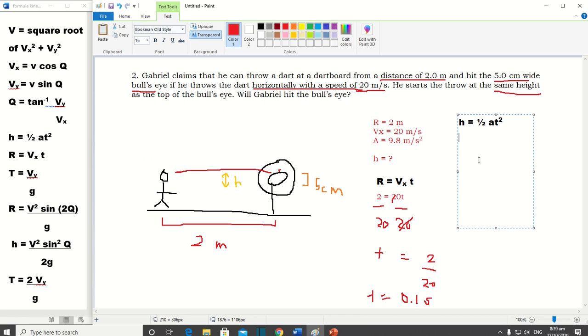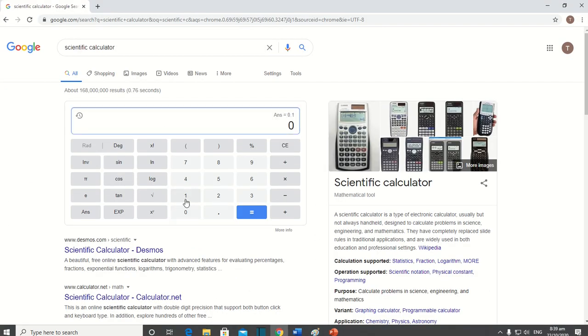So substitute lang tayo. H is equal to 1/2 times acceleration due to gravity, which is 9.8, then sa ating time na 0.1 second raised to 2. So ngayon, input na natin to sa calcu. 1/2 times 9.8 times sa ating time na 0.1 second raised sa 2.